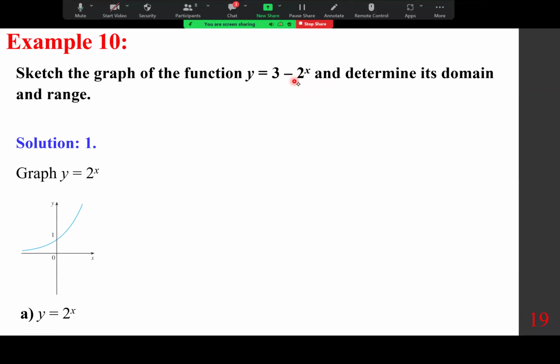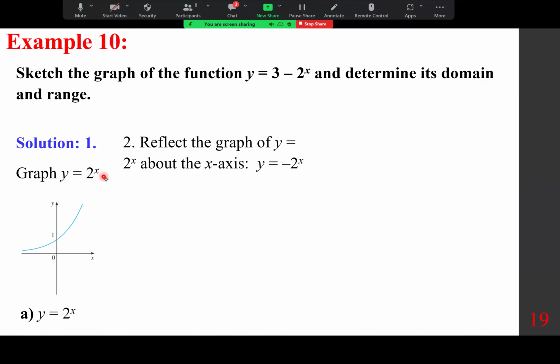Now we go to negative 2 to the power of x, which means we are going to reflect the graph with respect to the x-axis. So if we change this to negative 2 to the power of x, that means reflection with respect to the x-axis. So flip this over.